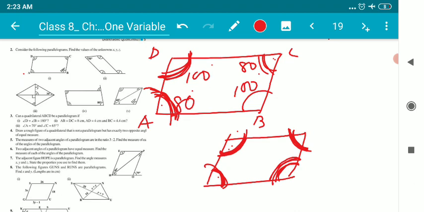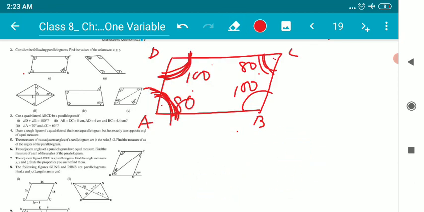Neighbor means the angle which comes just next to an angle is called adjacent. So naturally, these angles are adjacent, and they are adjacent angles of each other.